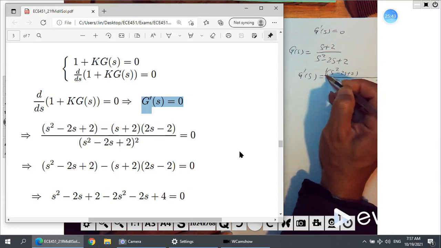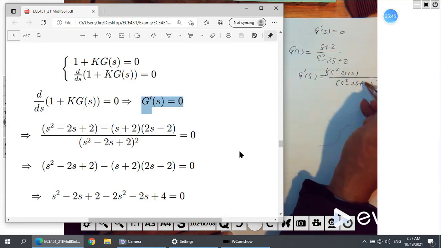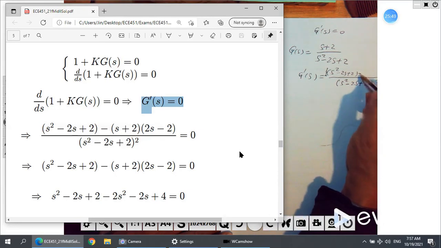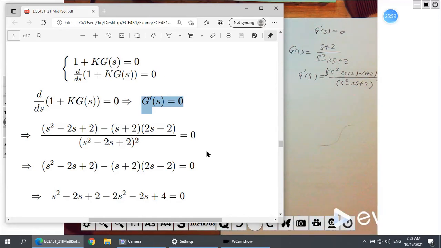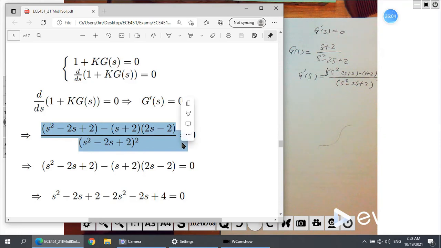So 1 times s squared minus 2s plus 2. And then minus, I keep s plus 2 and take the derivative of the denominator part, so I have 2s minus 2. So I get this one.